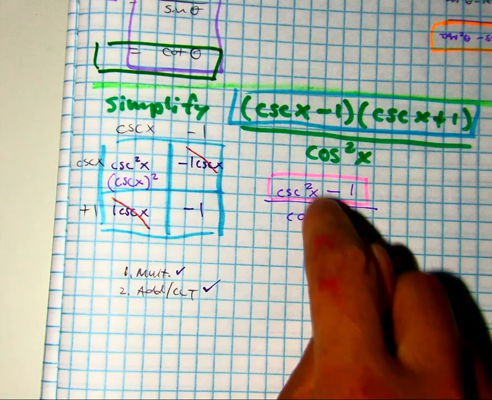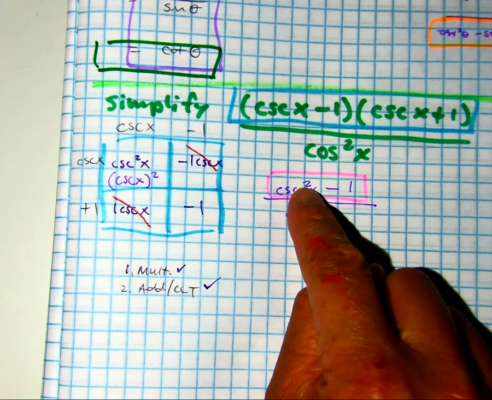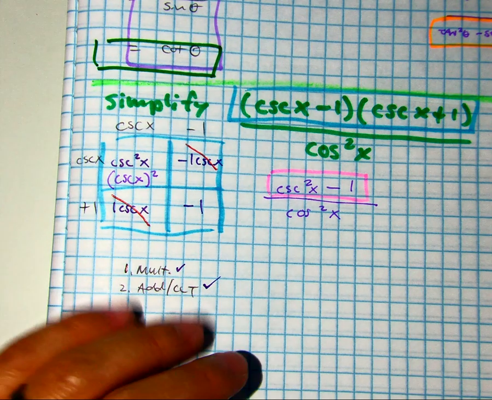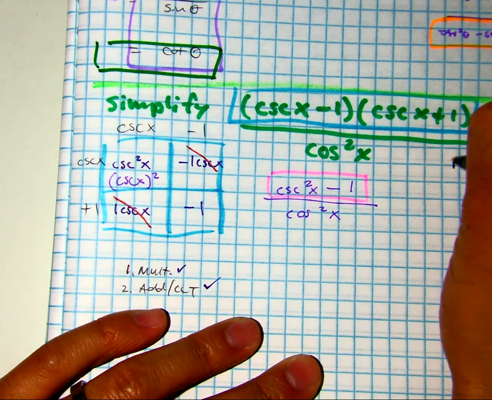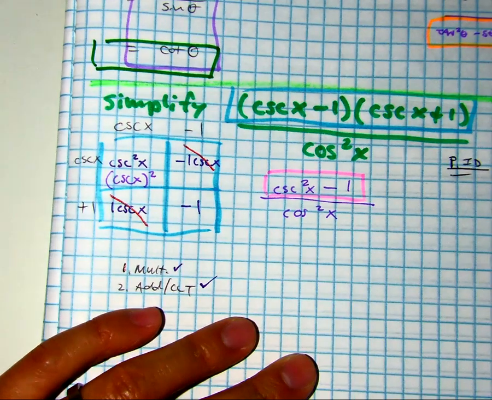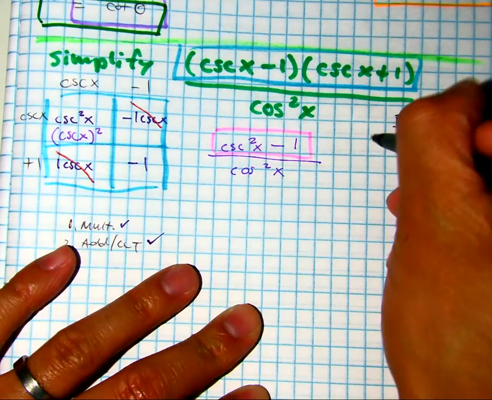Remember, my hint is the power of 2. So that means it has to be a Pythagorean identity. Brooklyn, which Pythagorean identity has cosecant in it? Can you tell it to me, please?